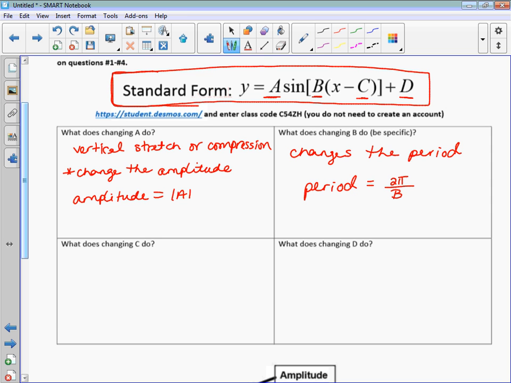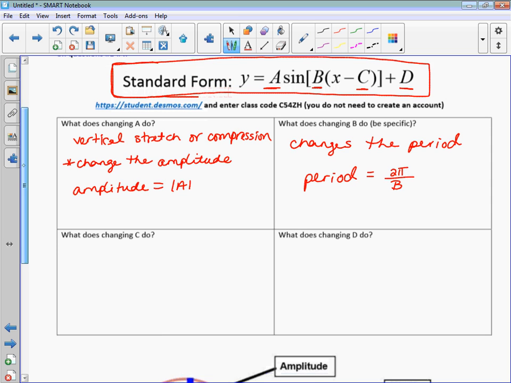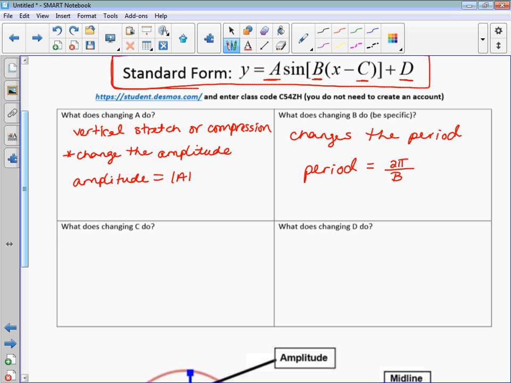Yeah, it's a horizontal shift, so it will shift your graph left or right. And just like with your regular graphs, it's kind of the opposite of what it seems like it should do. Minus, you go to the right, plus, you go to the left.